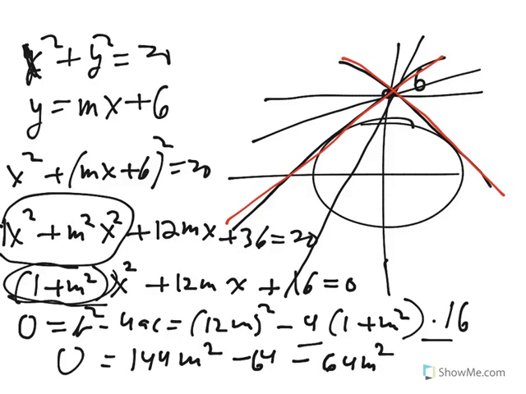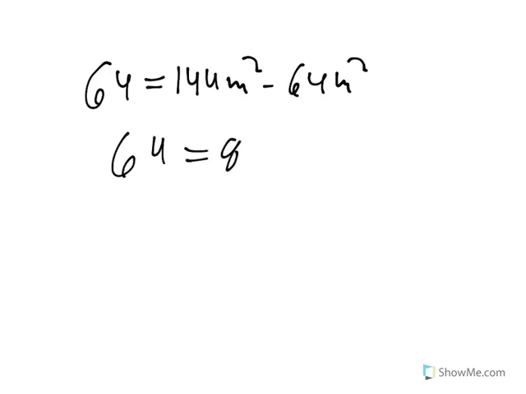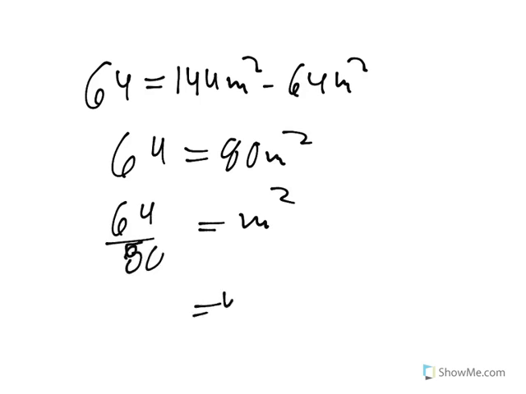I'll bring the 64 over to the left here. Let's go to a new page. I end up with 64 equals 144 m squared minus 64 m squared, or 64 equals 80 m squared, or m squared equals 64 over 80. 8 goes into both of those, so I get 8 over 10.